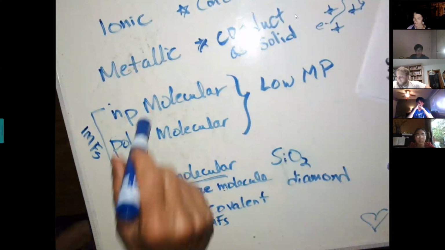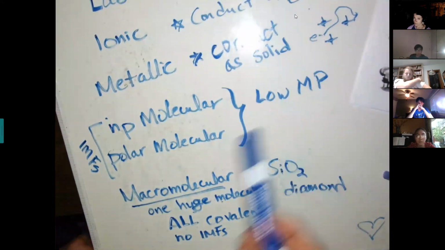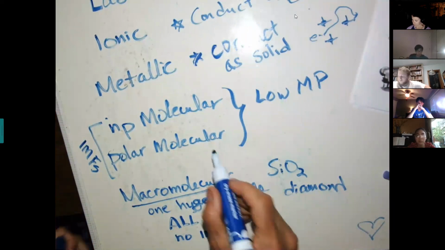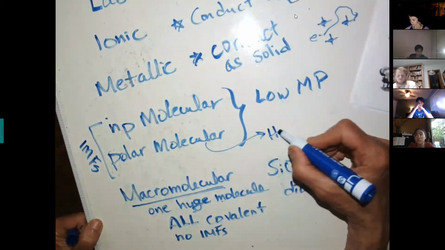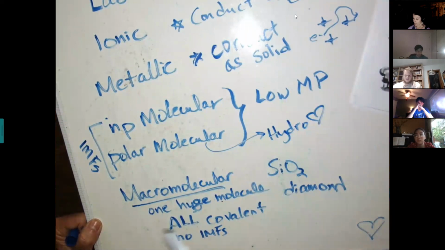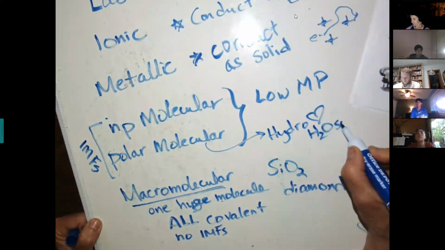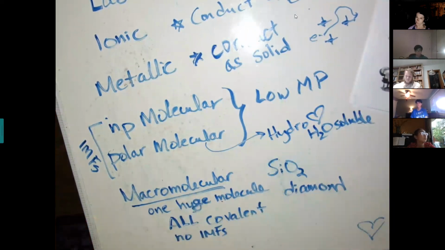So polar and non-polar, to distinguish them, they're both going to have a low melting point. And the way you distinguish them is actually a comment several of you have made, the polar ones are hydrophilic. I've made it several times during the term. So they love water. So they're going to be water soluble. So all you do is see if it dissolves in water, and that will put it as polar molecular.